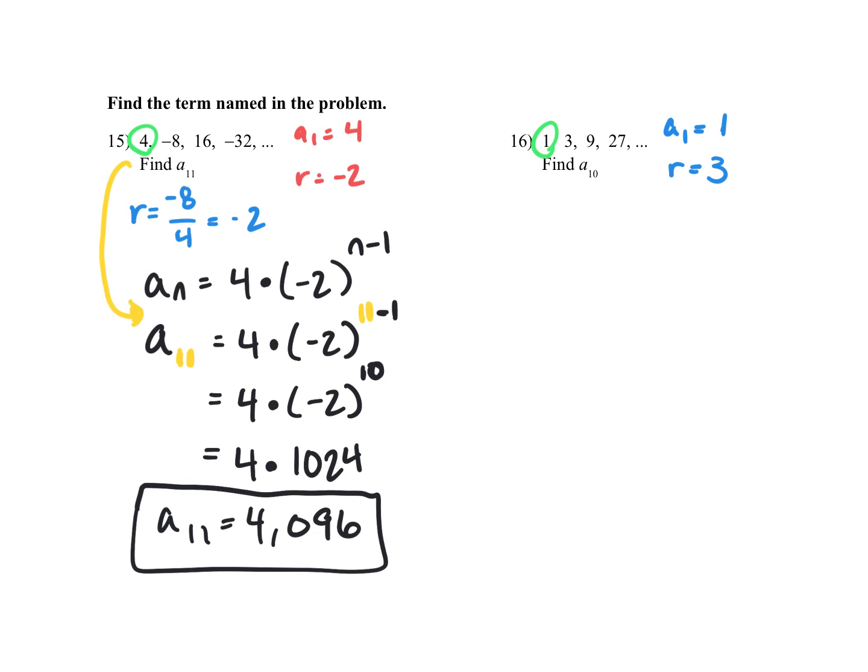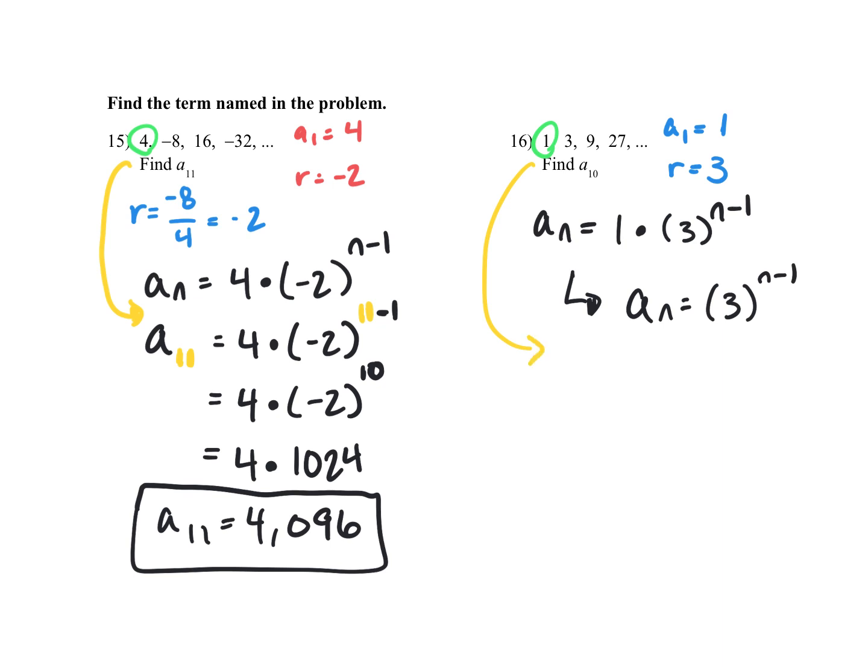So now that I have that stuff, you have a sub n is equal to 1 times parentheses 3 to the n minus 1. Now, I'm going to show you something here. What is 1 times anything? Itself, whatever you multiplied by, right? So really, I can skip down and just call this, hey, a sub n is equal to 3 to the n minus 1 power.